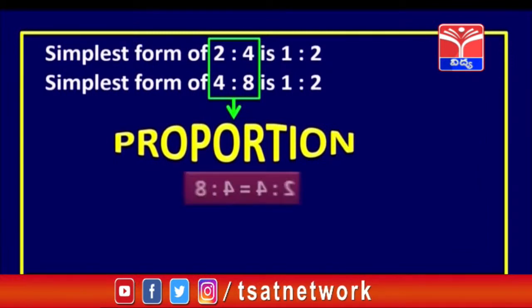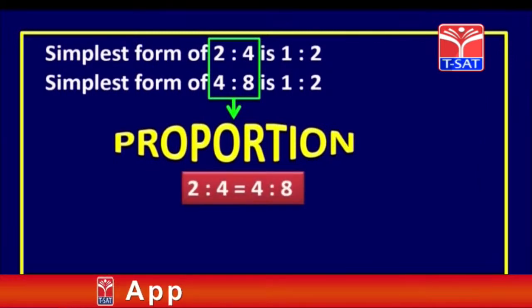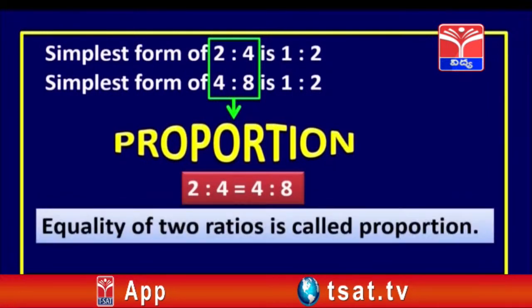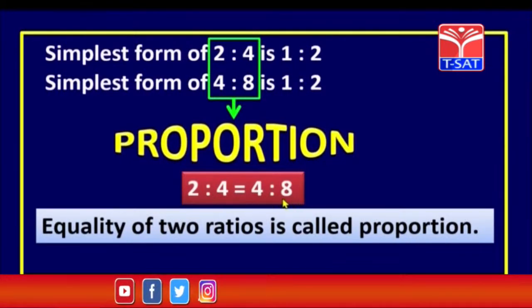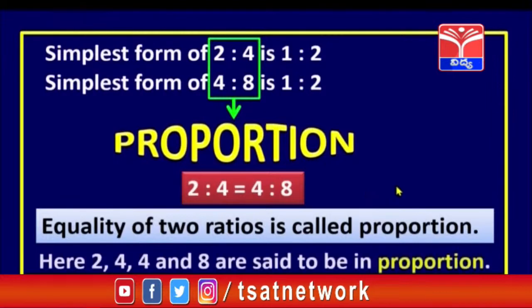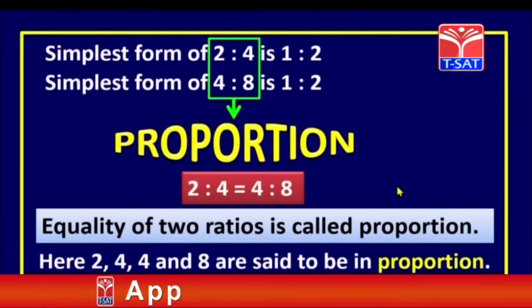That means I can say that 2:4 is equal to 4:8, which means that equality of two ratios is called proportion. So since here two ratios are equal, we say these quantities are in proportion. That means I can say 2, 4, 4 and 8 are in proportion.